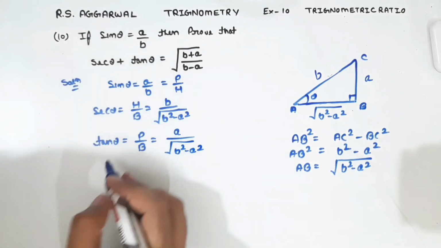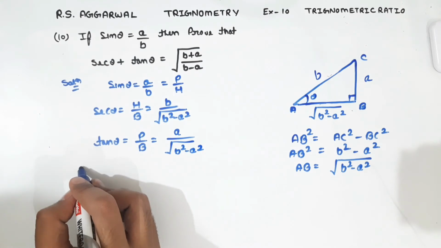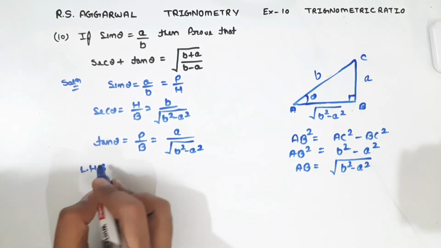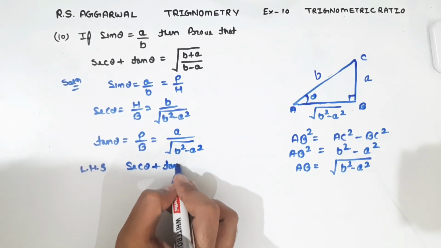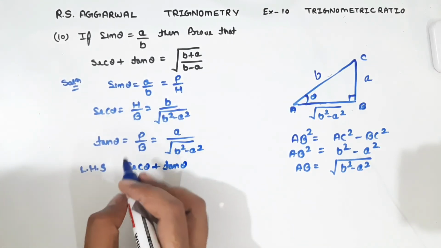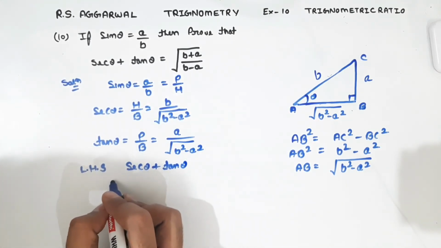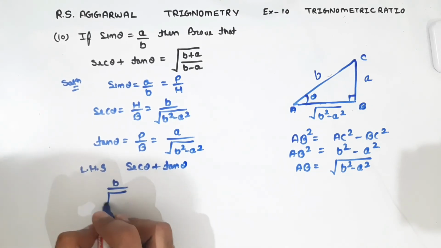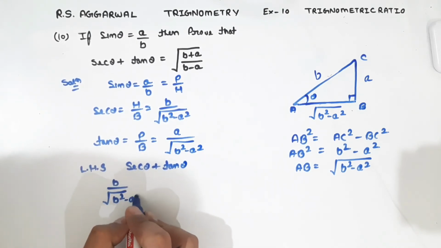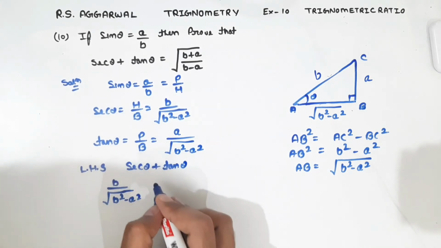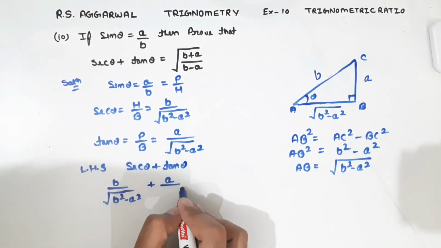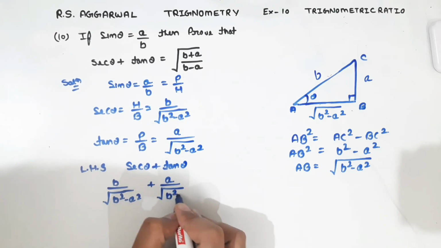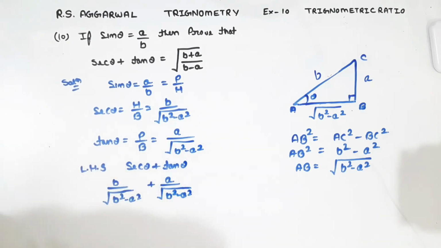So now LHS, that is sec theta plus tan theta. Now putting the value, sec theta is B upon under root B square minus A square, and tan theta is A upon under root B square minus A square.